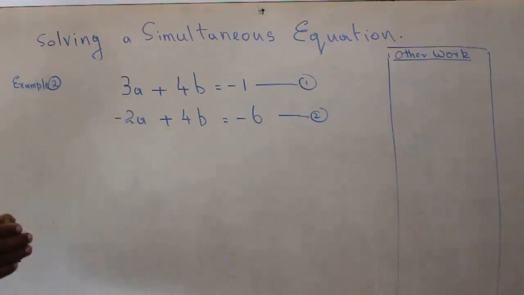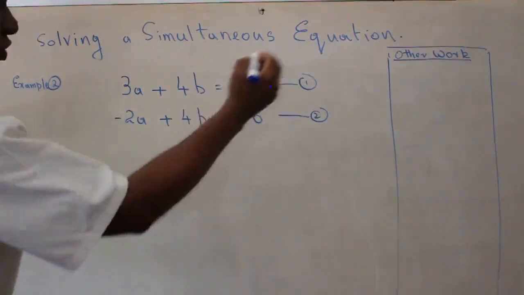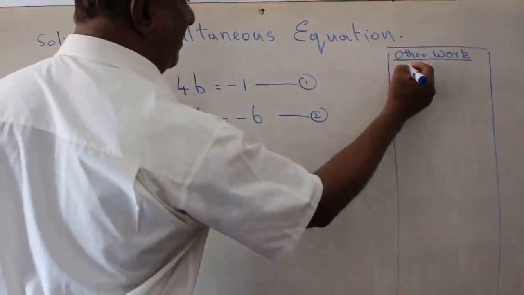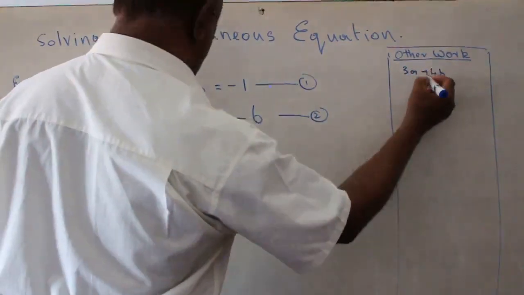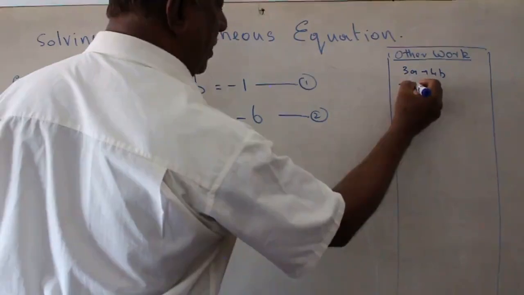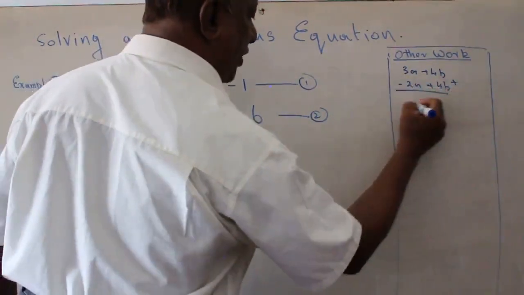But if you cannot do it mentally, in order to get the correct answer, you will put pen to paper and work it out. So go to your other work column and write 3a plus 4b, minus 2a plus 4b.